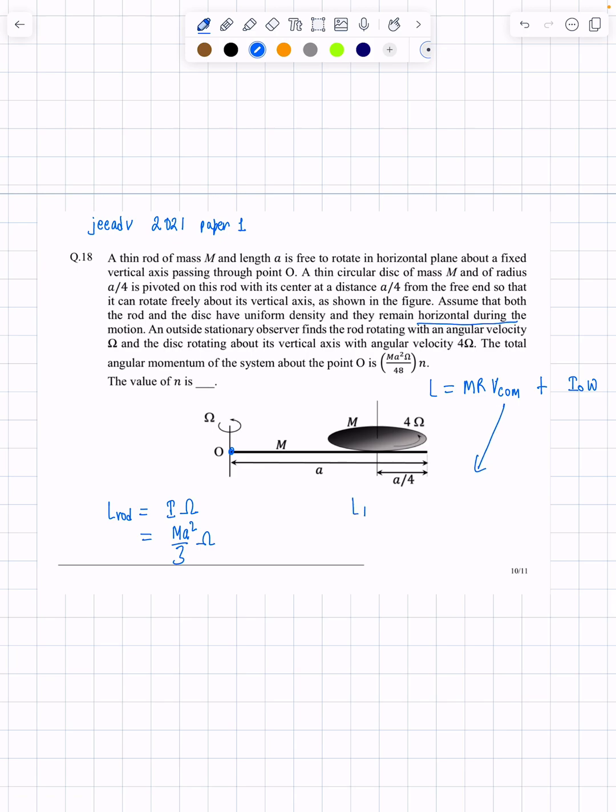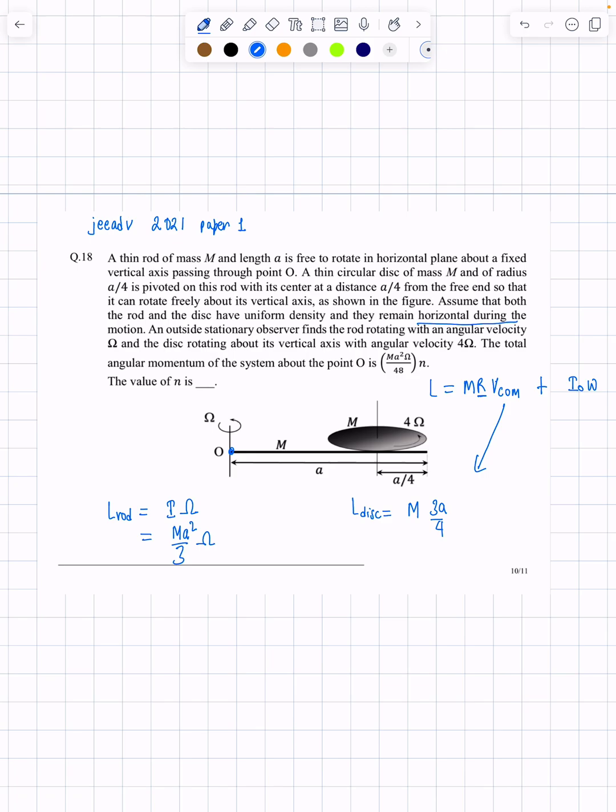So for the L disk, the mass is m, and the distance from point O to the center of mass of the disk is 3a over 4.